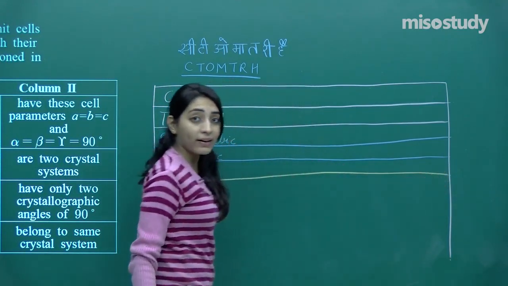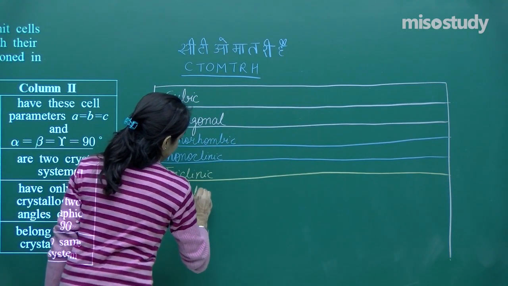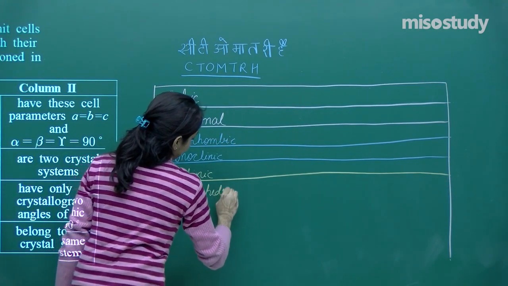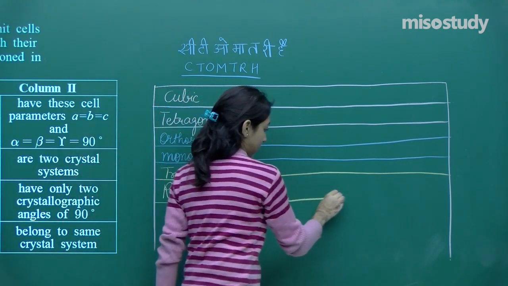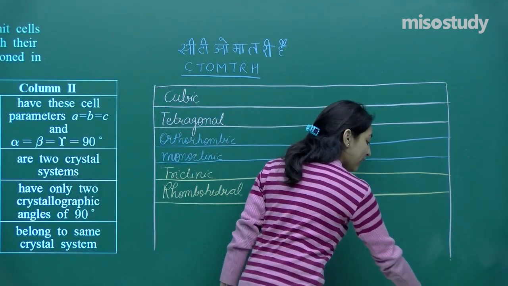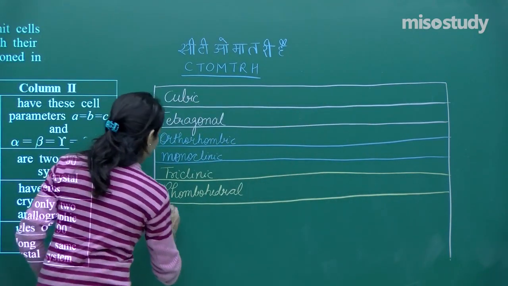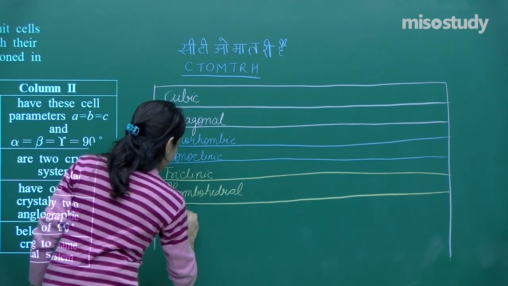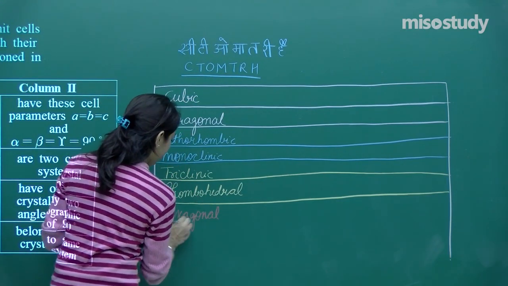Then we have rhombohedral, and finally we have the last one, the 7th, which is hexagonal unit cell.